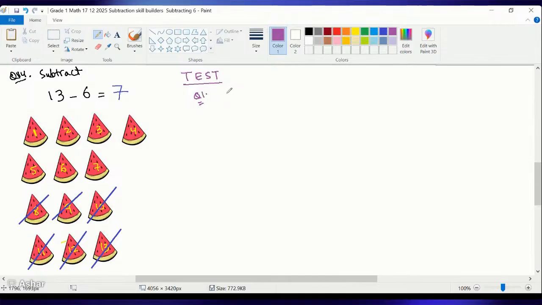It says subtract 14 minus 6, and the options given are A is 6, option B is 9, option C is 8, and option D is 10. Okay, so what should be the answer?